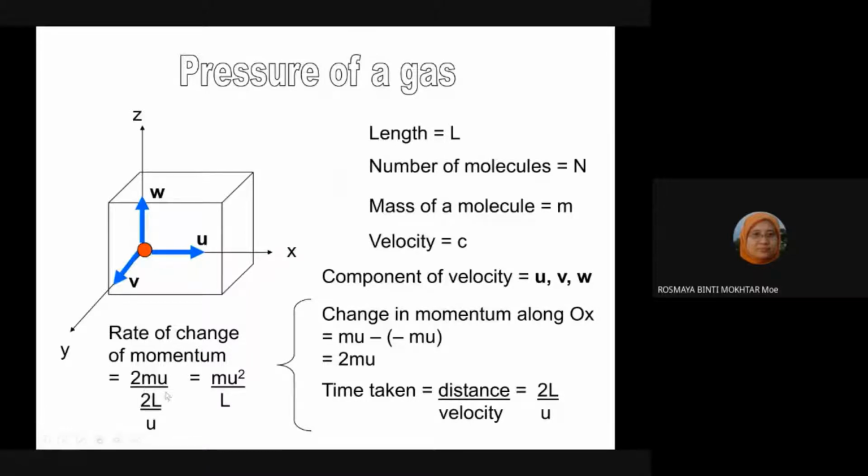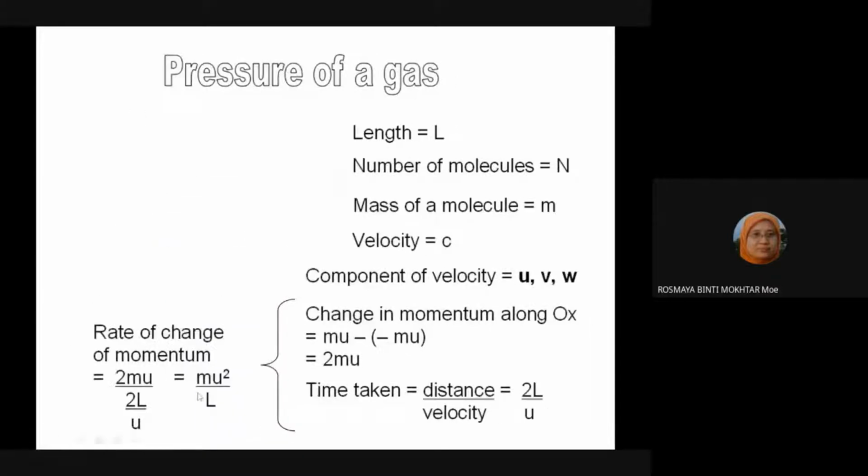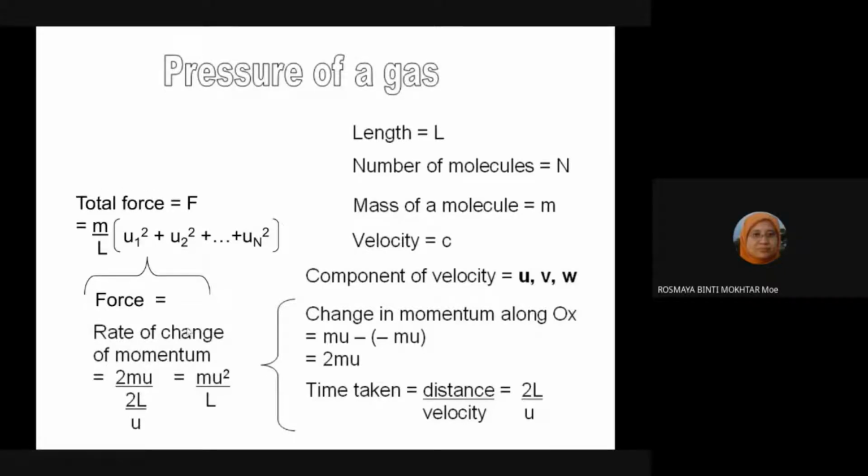We get mu squared per L, cancelling out the 2, so we get u squared m per L. This is the rate of change of momentum, and it is also the force, from Newton's second law.